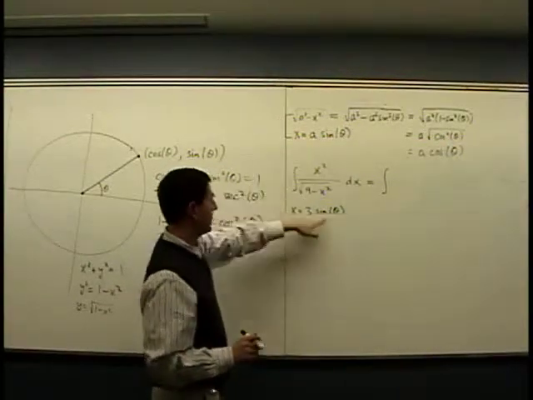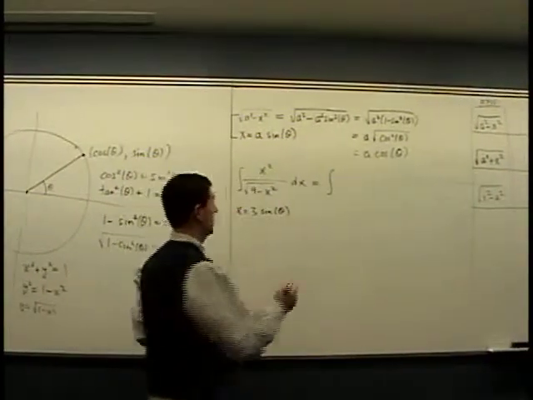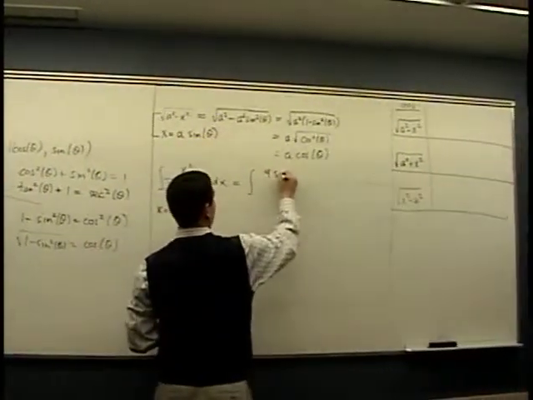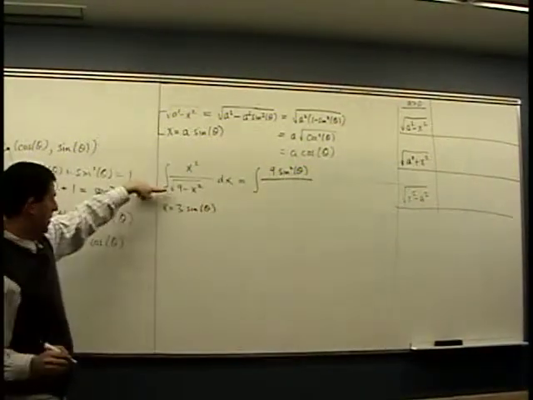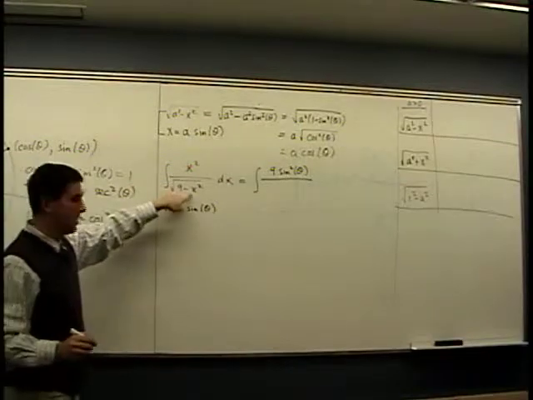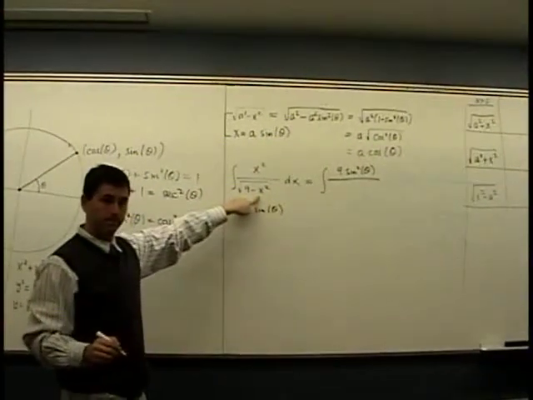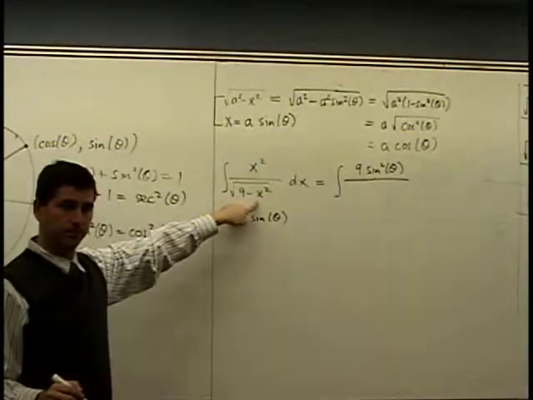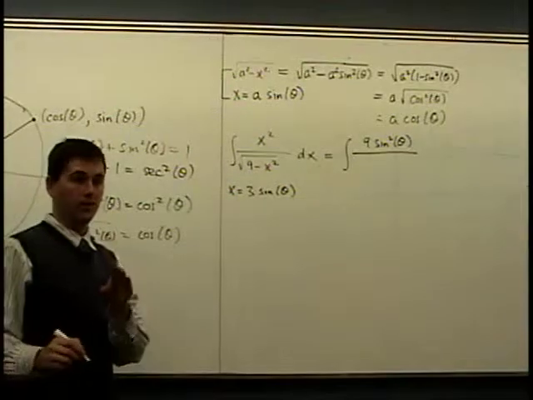So we know x is 3 sine theta, so x squared just becomes 9 sine squared theta. Okay, and the square root of 9 minus x squared, what does that become? You could try to think real hard to figure it out.